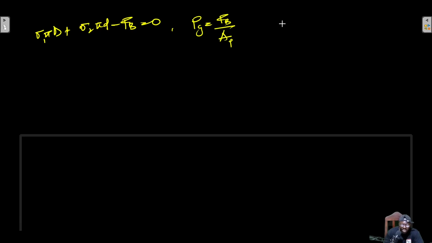What is my projected area now? After sectioning my soap bubble, the projected area is basically this area.